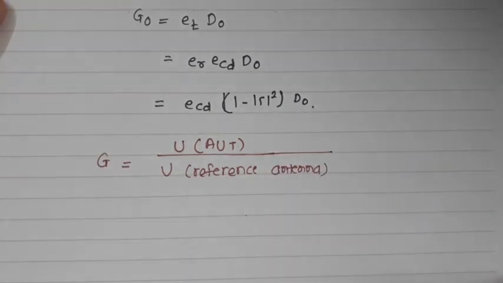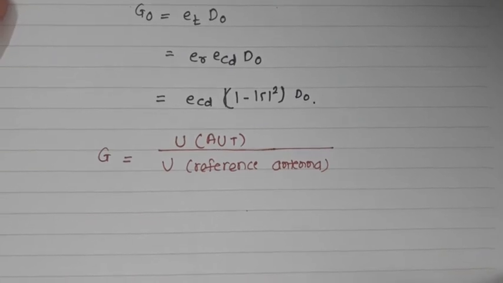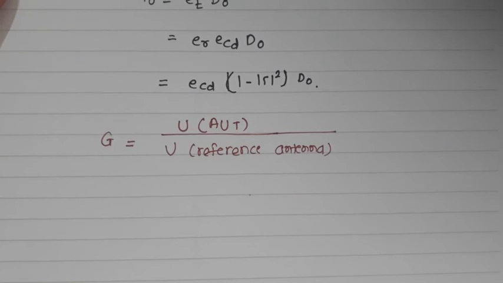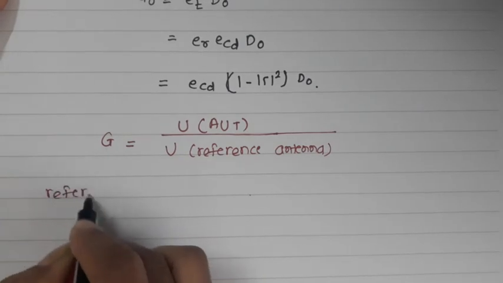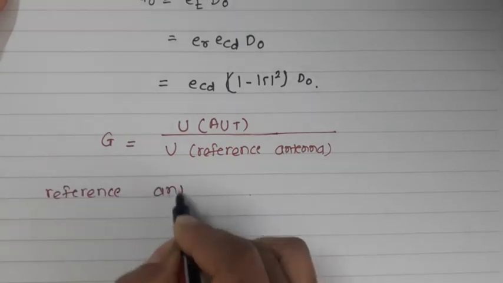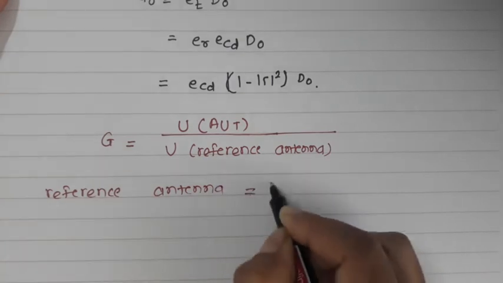The reference antenna is usually a dipole, horn, or any other antenna whose gain can be calculated or is known. In most cases the reference antenna is a lossless isotropic antenna, so here we'll consider our reference antenna to be the isotropic antenna.